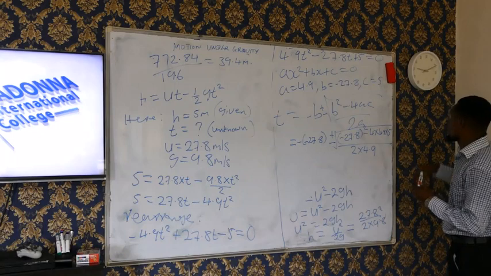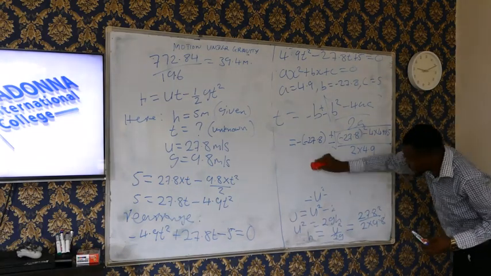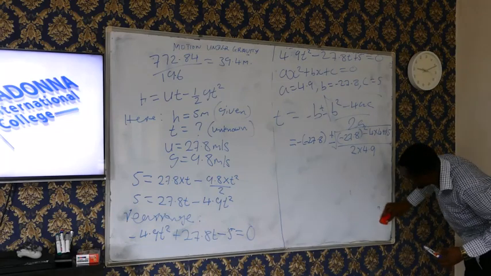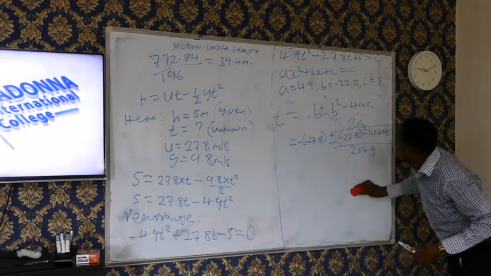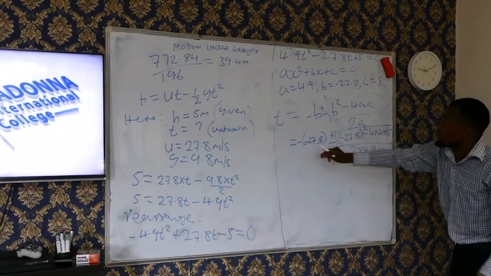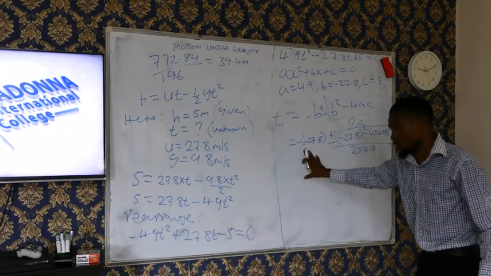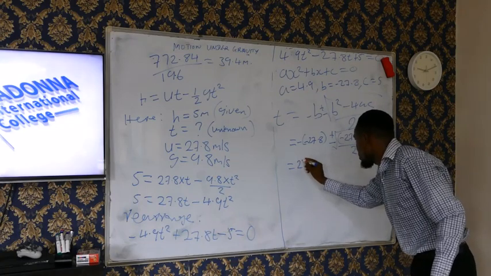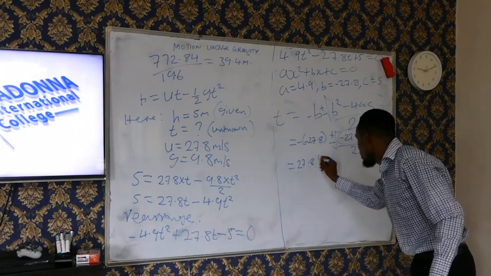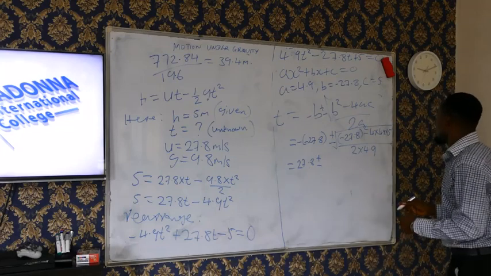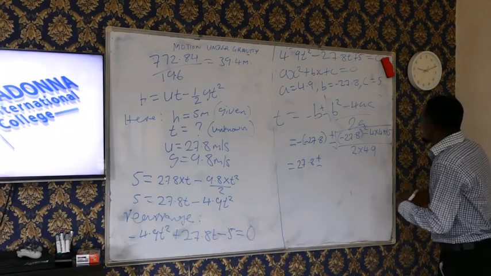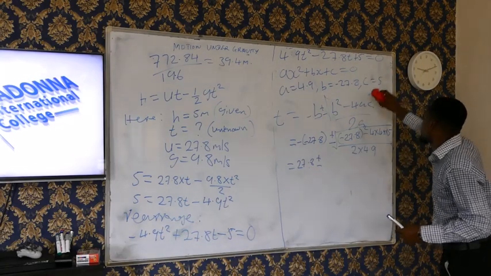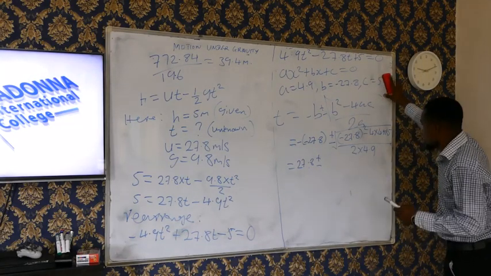I will advise you to do this computation gradually, don't be in a hurry. So first of all, minus times minus automatically changes this to plus. So we now have 27.8 plus or minus. Now what is minus 27.8 squared?